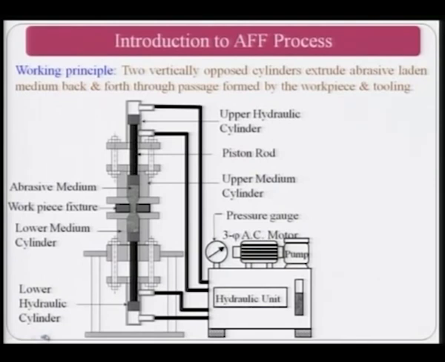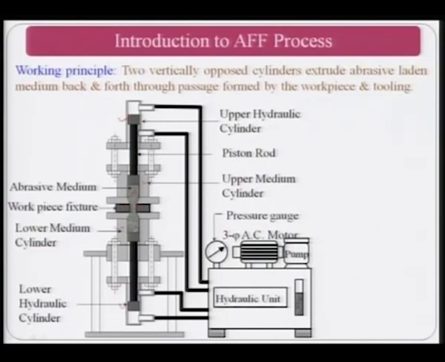As you will see here, there is the upper hydraulic cylinder, and this is connected to the upper medium cylinder with the help of a piston rod or connecting rod, and here is the abrasive medium, and here is the workpiece fixture, and the workpiece is shown over here, which is in contact with the medium. Then you have the lower medium cylinder and the lower hydraulic cylinder.